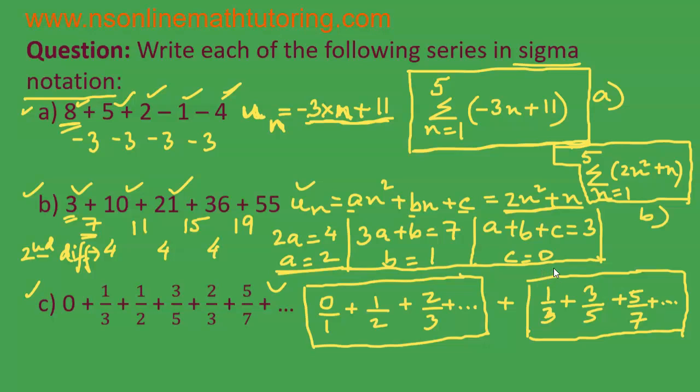Or else what can I do? What can be done? Let's check. If by any means can we make this as 4 and this as 6? If we can make that, then it will be 3, 4, 5, 6, 7. And this can be written as 0 over 2 also. Doesn't matter.